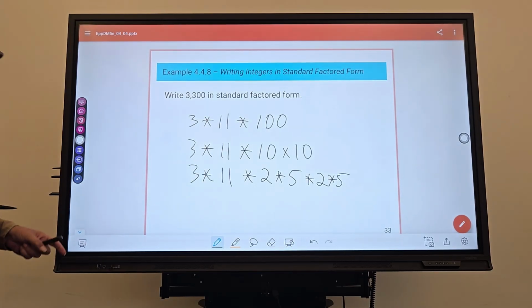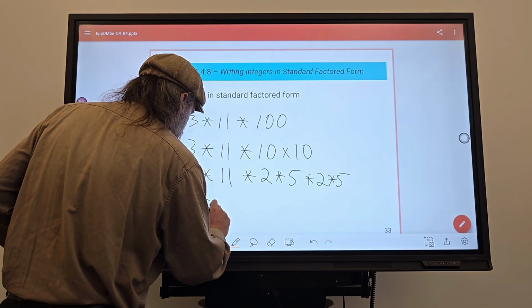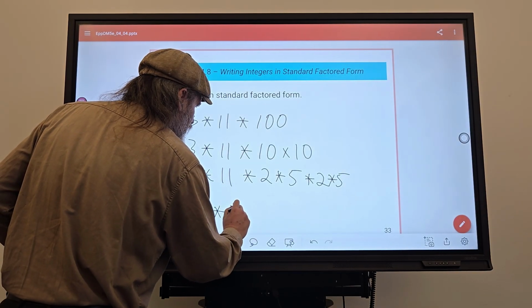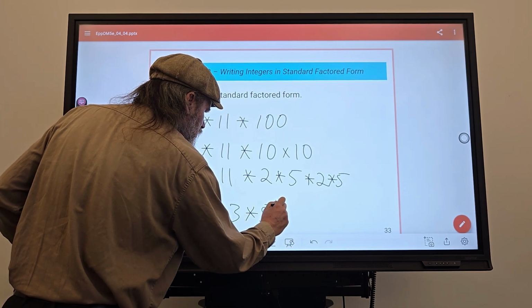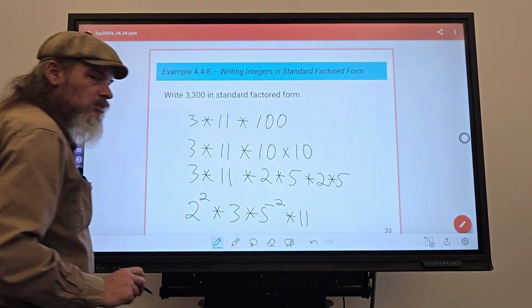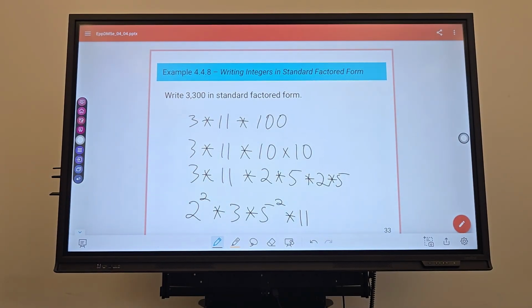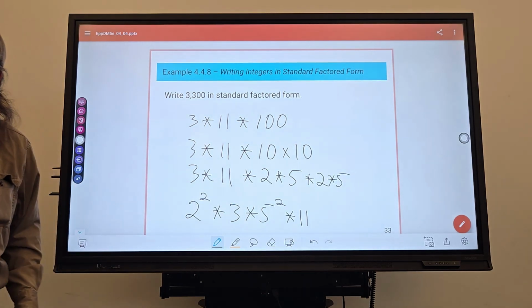But in standard form, put the 2's first. 2 squared times 3 times 5 squared times 11. Make sense? Ascending order from 2 to 3 to 5 to 11.